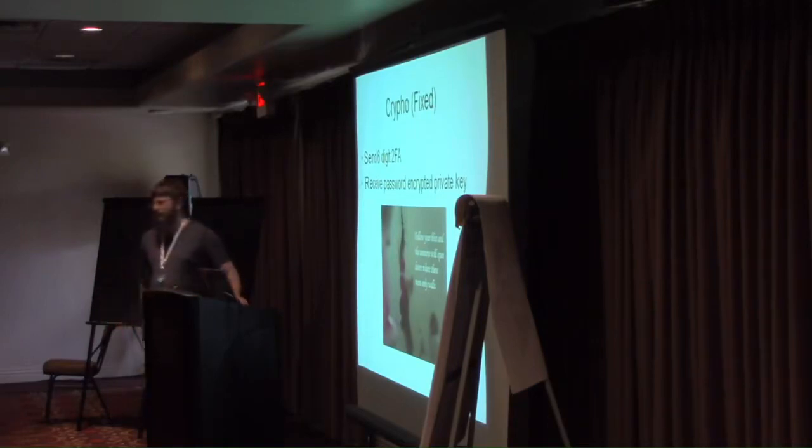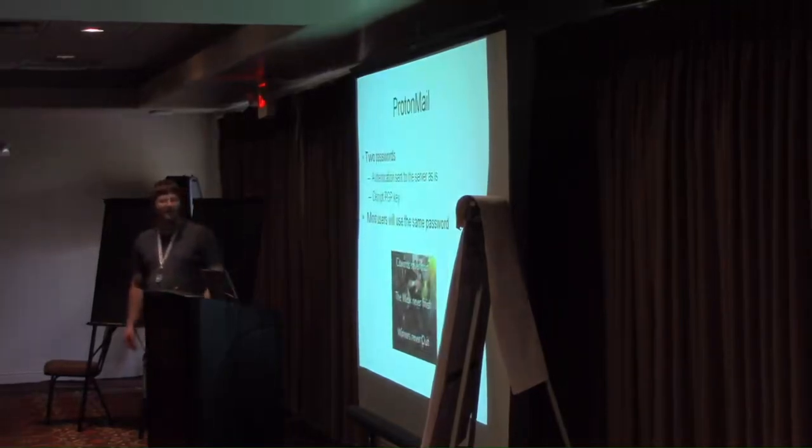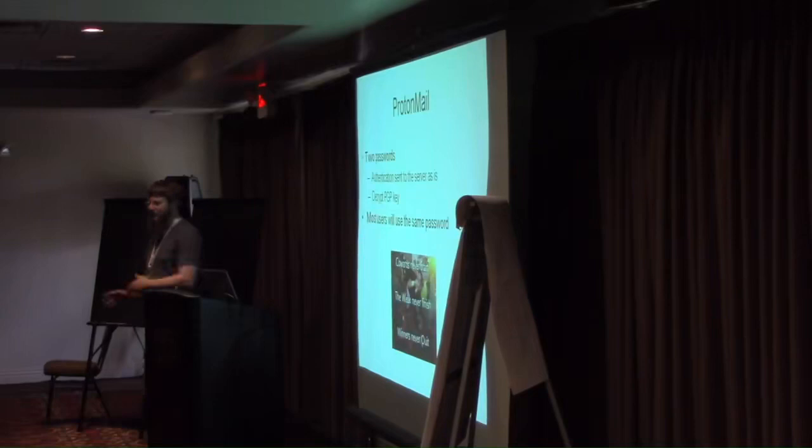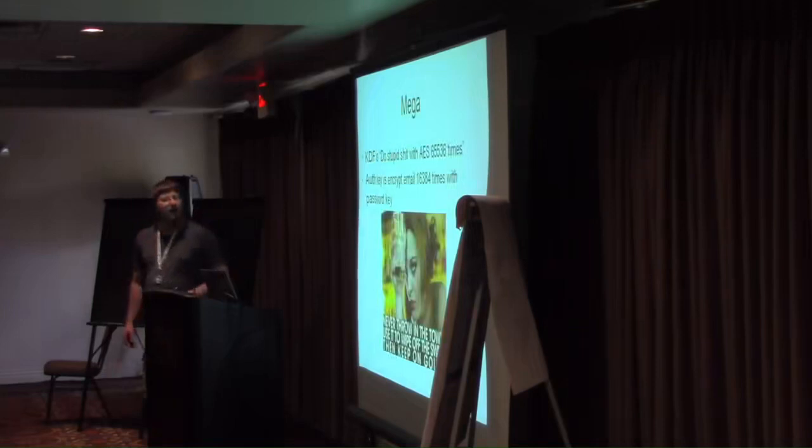There was no rate limiting or anything. Proton Mail: they have an authentication password and a decryption password, but I'm pretty sure most users are going to use the same password. And the first one's just sent plain text, like logging into a web page. Mega: do some crazy stuff with AES a bunch of times.